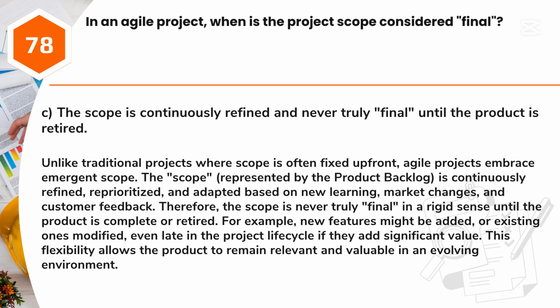Therefore, the scope is never truly final in a rigid sense until the product is complete or retired. For example, new features might be added, or existing ones modified, even late in the project lifecycle if they add significant value. This flexibility allows the product to remain relevant and valuable in an evolving environment.